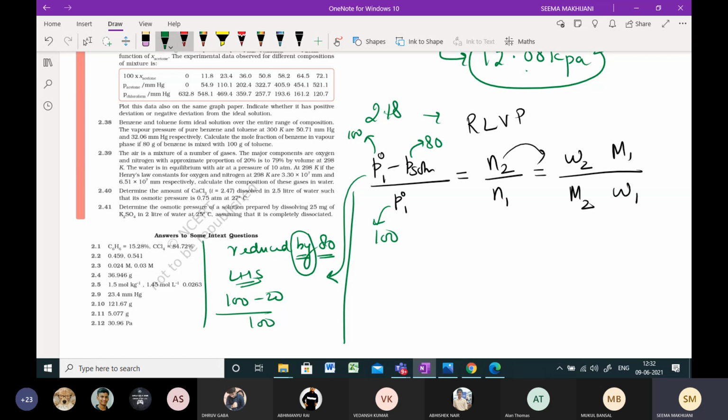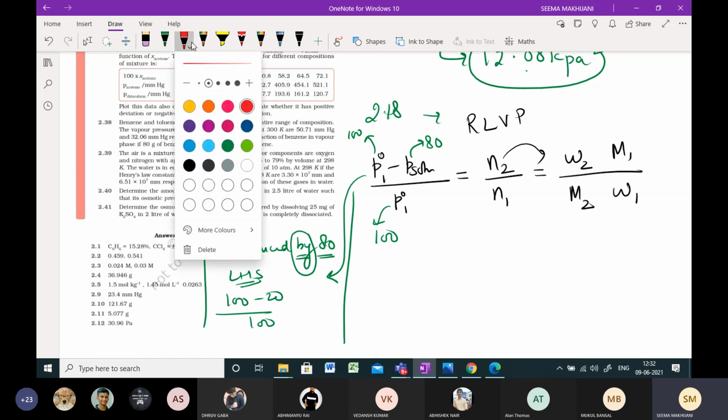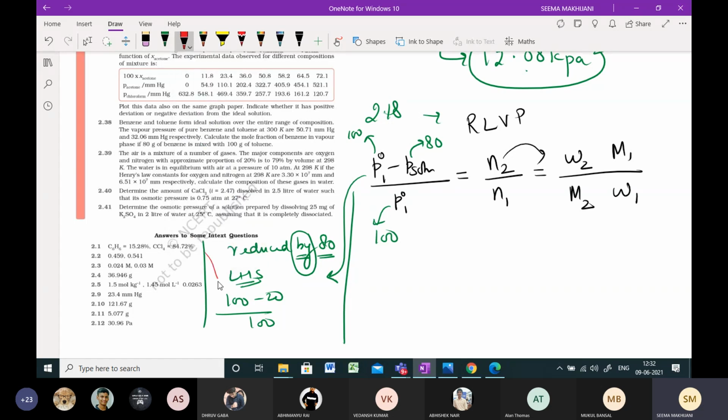But this is only for explanation. We are not doing this. Coming back to the question, substituting the values, we have left hand side as 100 minus 80 by 100 is equal to, now let's substitute the values here.